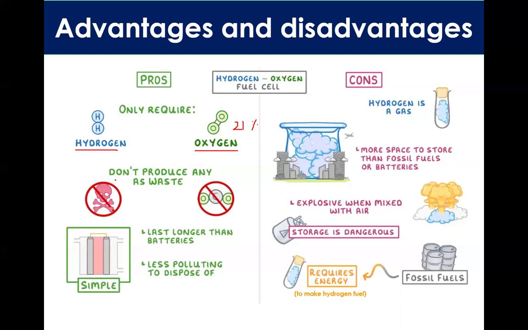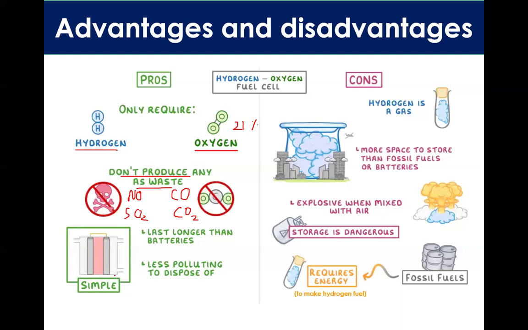It does not produce any waste, so it does not produce harmful greenhouse gases like CO2, or harmful gases from incomplete combustion like carbon monoxide, and other gases like nitrogen monoxide, nitric oxide and sulfur dioxide, which usually come from the oxidation of fossil fuels like petrol.